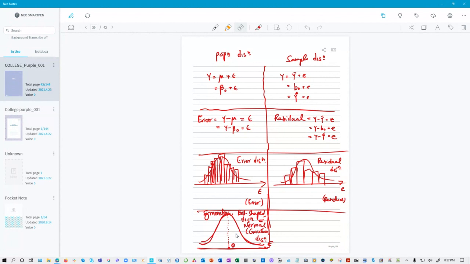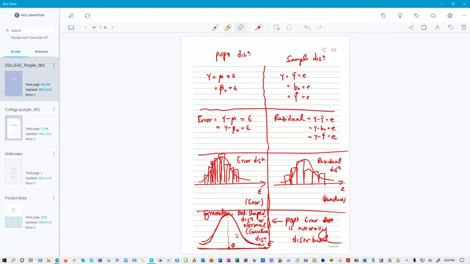Symmetric. Your error distribution, you can say the population error distribution is normally distributed.